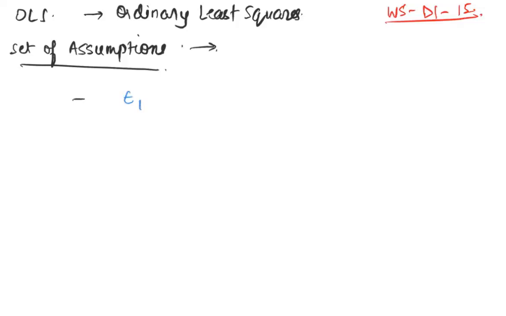The error term eta i should be normally distributed. It's actually not a should. The error term does not necessarily have to be normally distributed.